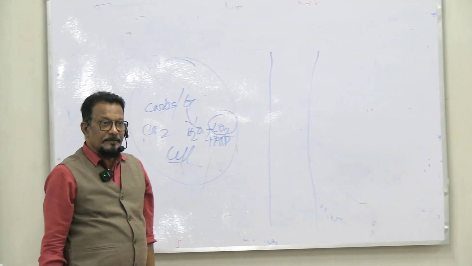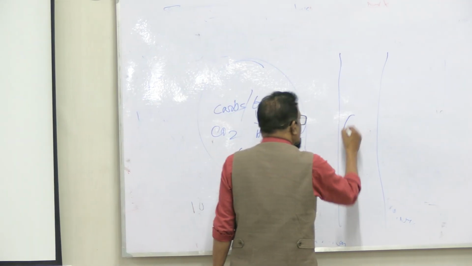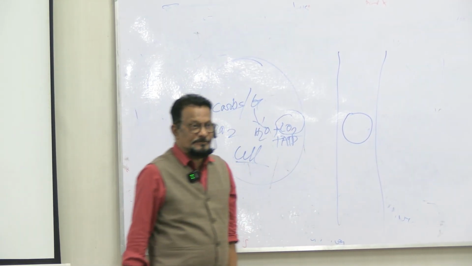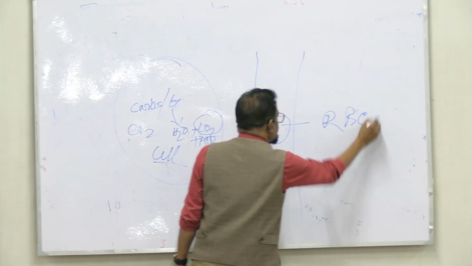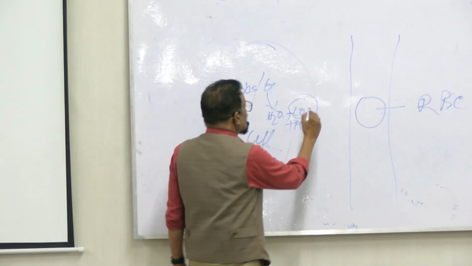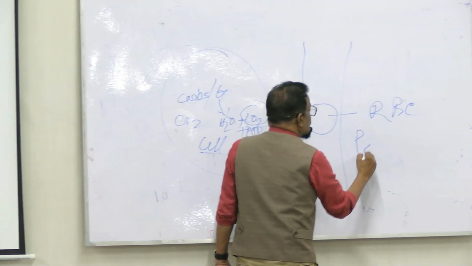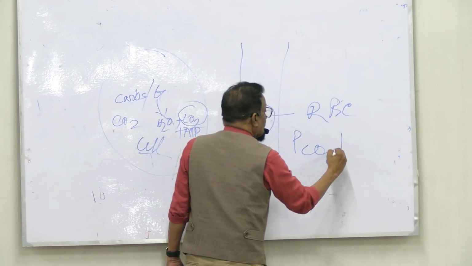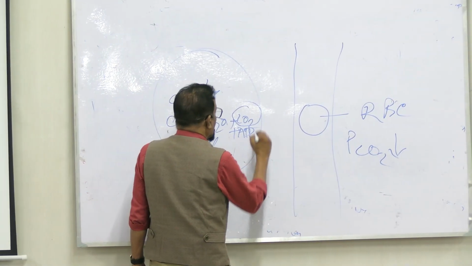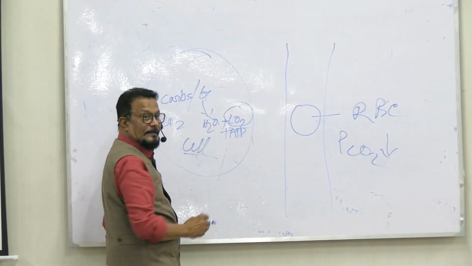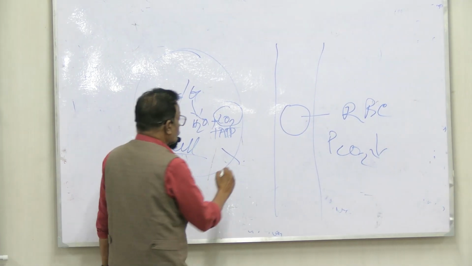This is the blood capillary, and within the blood capillary there are RBCs. So these are RBC. Now this carbon dioxide here in the blood, PCO2 is low, but here since carbon dioxide is generating, here PCO2, partial pressure of carbon dioxide, will be high.